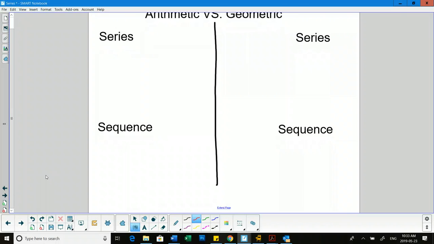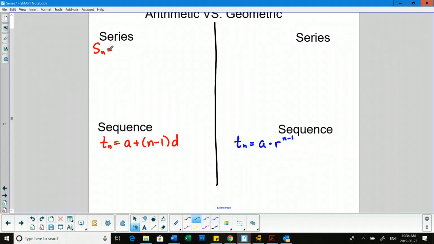Let's start with sequences. I think we're used to the sequences at this point. So for arithmetic, we have a formula with n's and d's and Tn's. And for our geometric, we have Tn equals a times r to the exponent n minus 1. For our arithmetic series, we have 2 formulas.